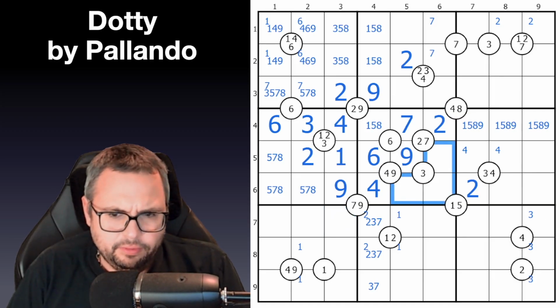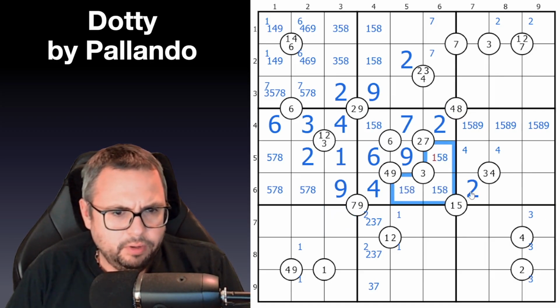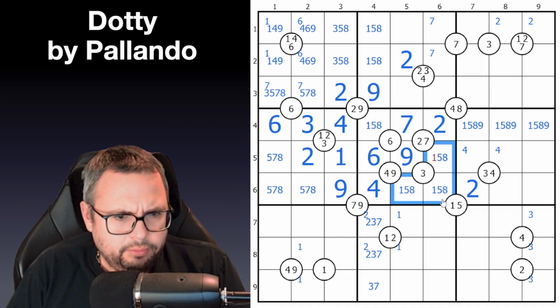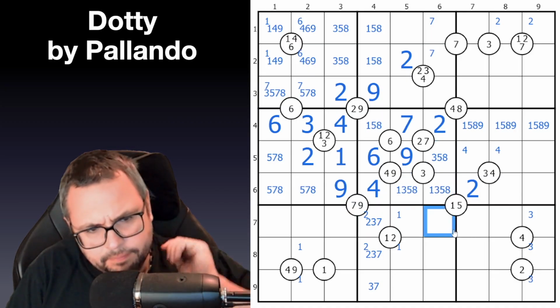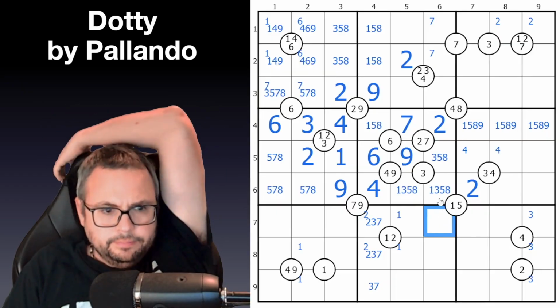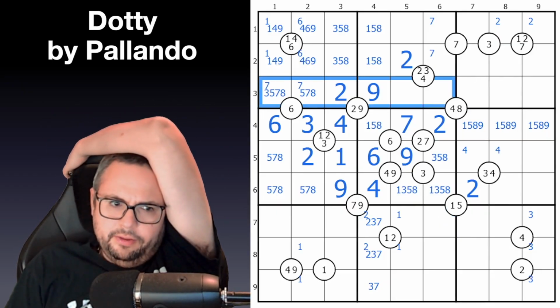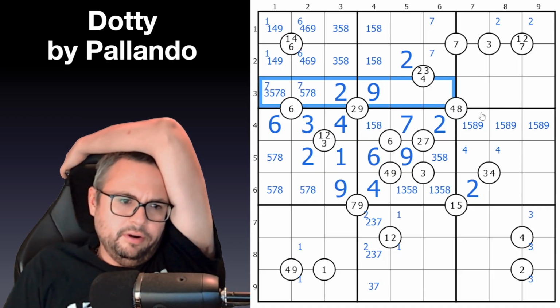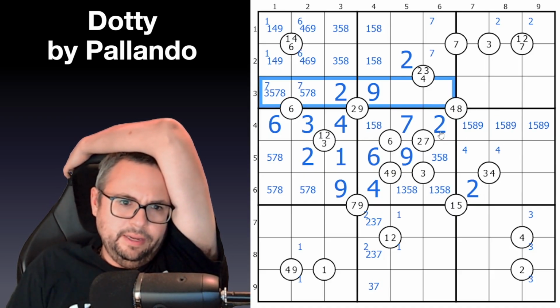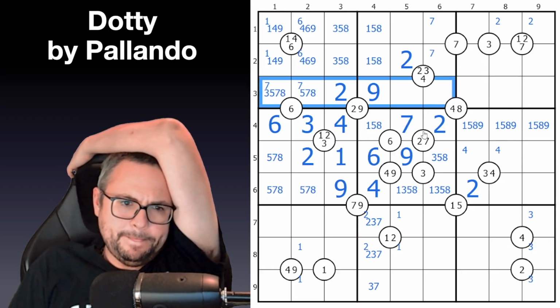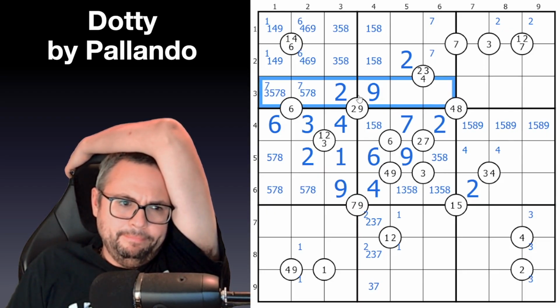Okay, and these are 1, 5, 8, and the other one, which is 3, I believe. Can almost ask where 1, 3, and 7 are in this row and almost get the answer. Or just like 1 and 3.